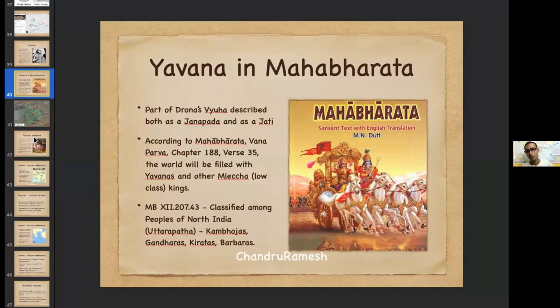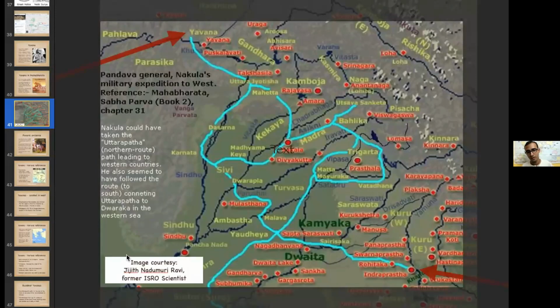According to the Mahabharata Vanaparva, it predicts that in the future the world will be filled with Yavanas and others. Sometimes the Yavanas are classified among the peoples of North India, Uttarapatha, like Kamboja, Gandhara, Kirata, Barbara, etc.